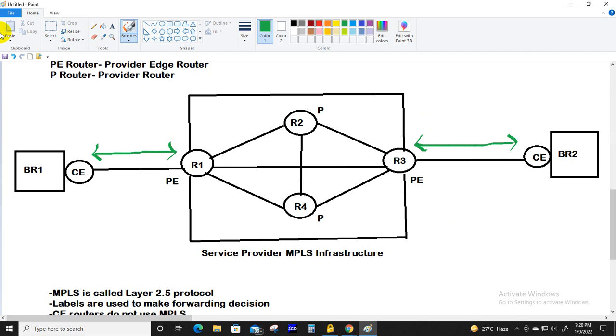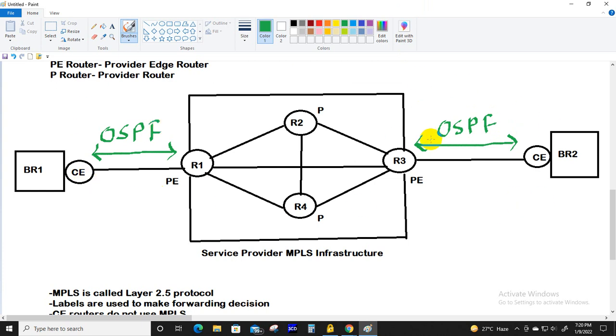Here between CE and PE we have some routing protocol like OSPF. Here we have some routing protocol like OSPF. So this is layer 3 MPLS VPN.